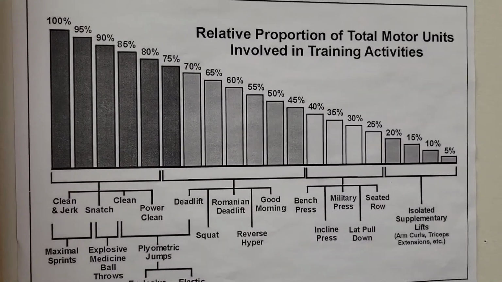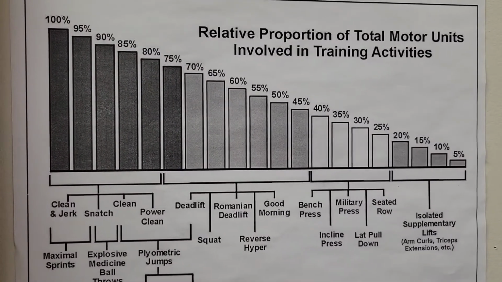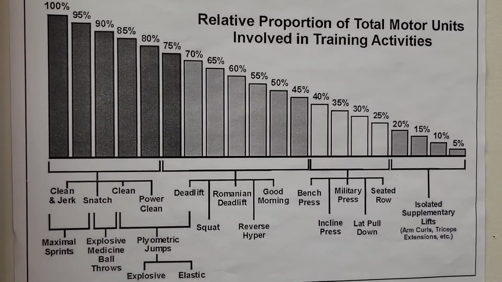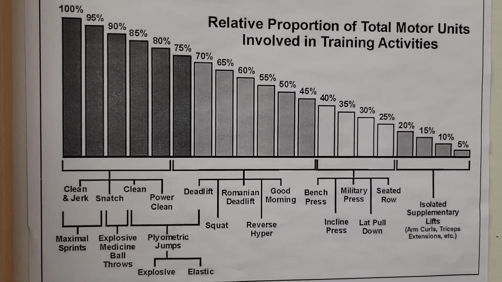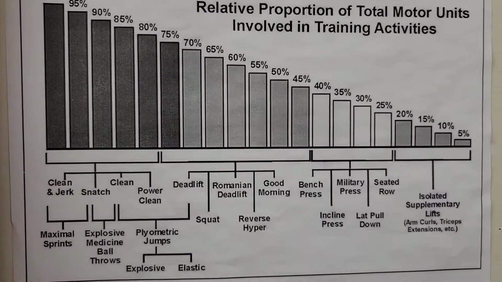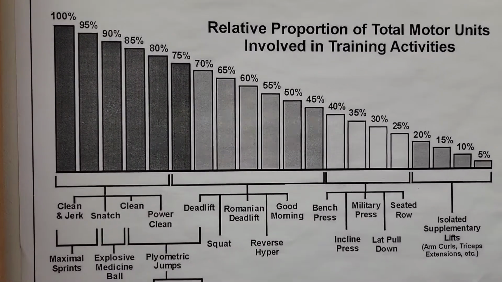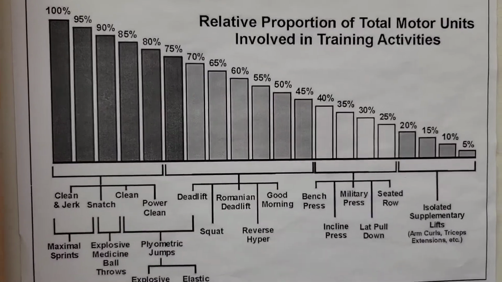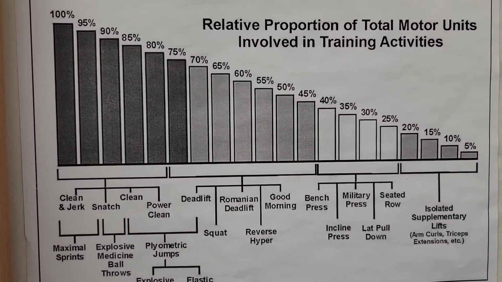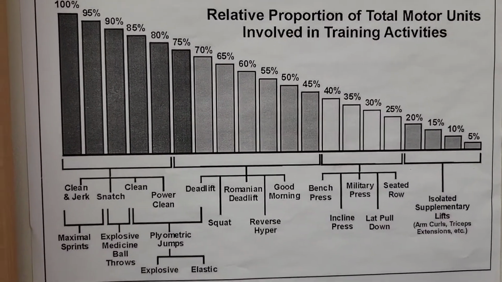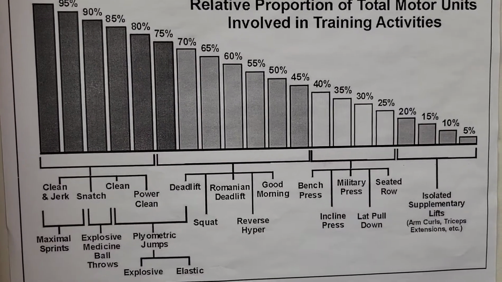So if we look at the far left side, we can see maximal sprinting is at anywhere from 95, 90 to 100% of motor unit recruitment. Clean and jerks, snatches, all the explosive movements are also near that, but maximal sprinting is at the top of the chart.